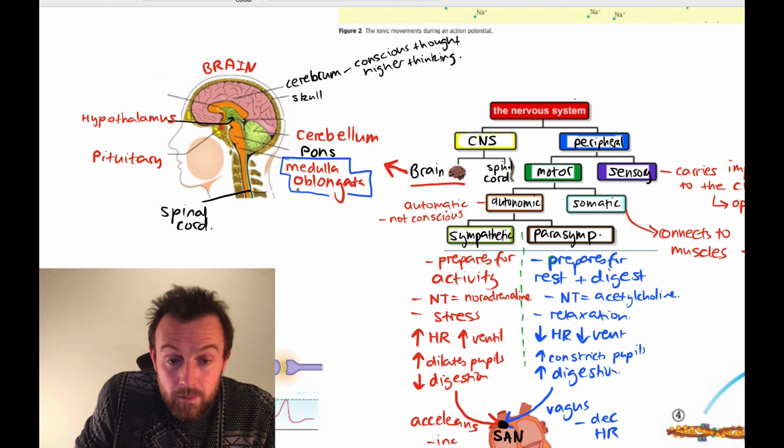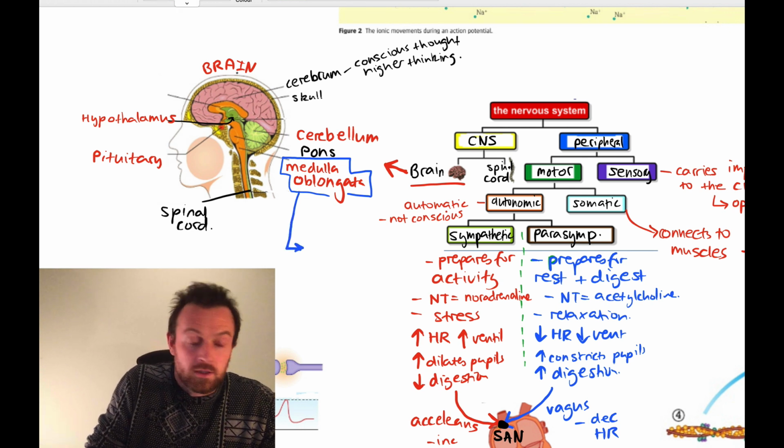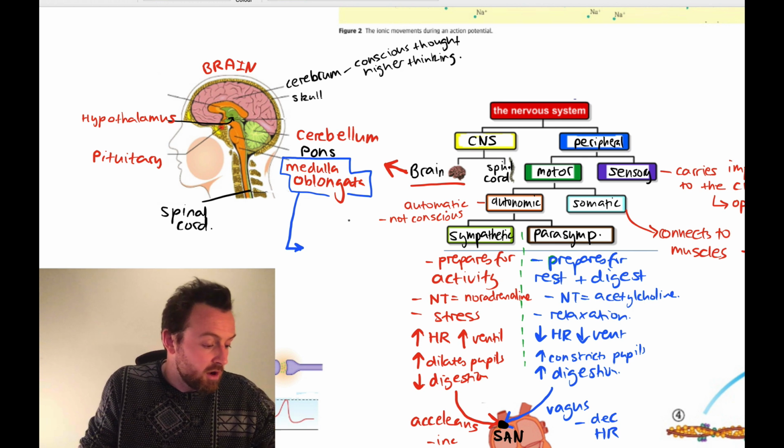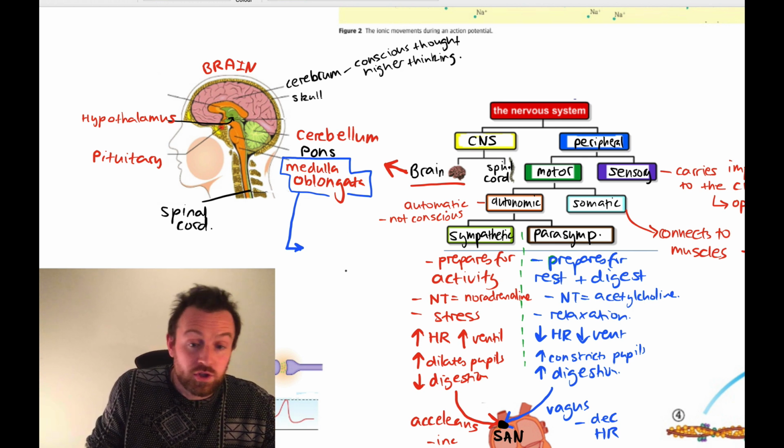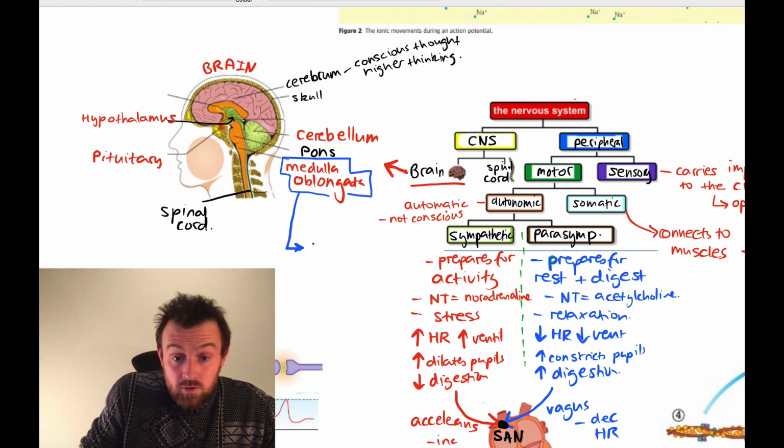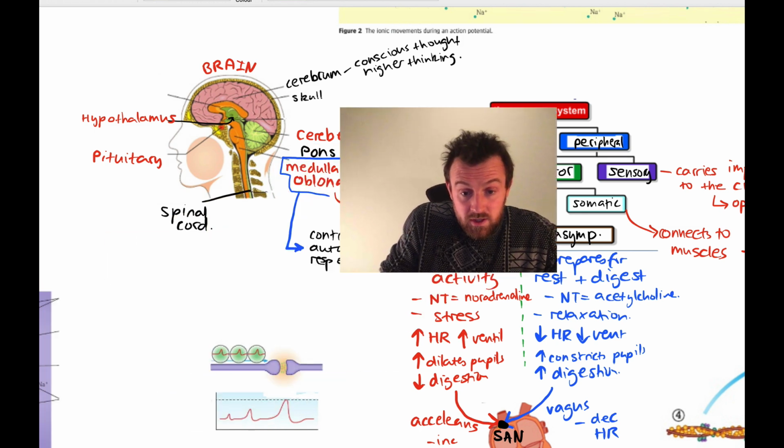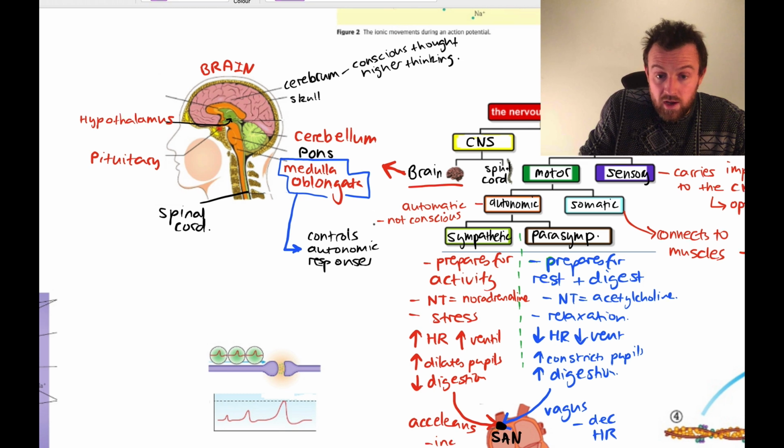So, let's put that down here. Generally, the medulla oblongata has a role of controlling a lot of the autonomic responses, which is why I put it here.